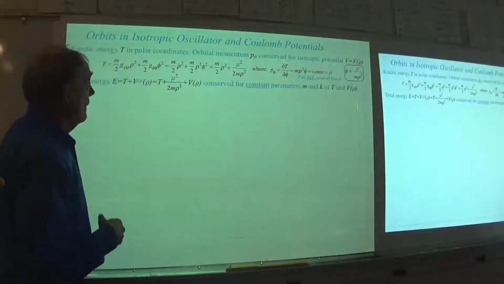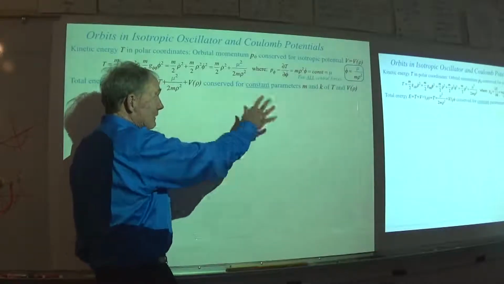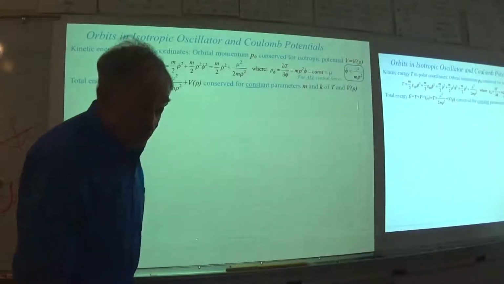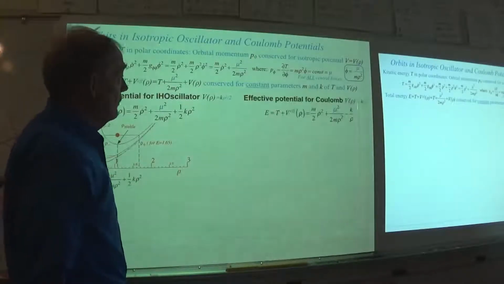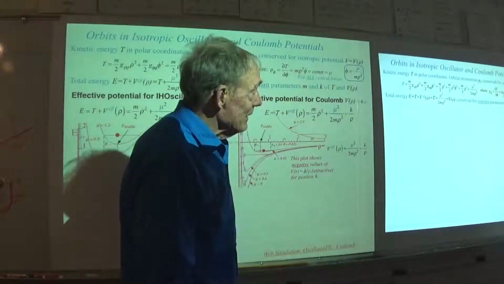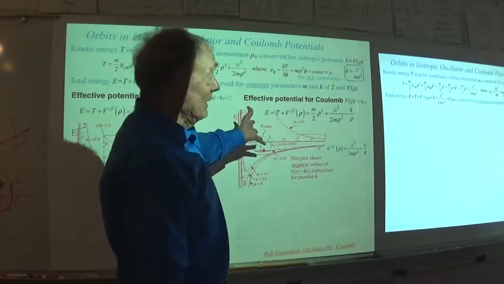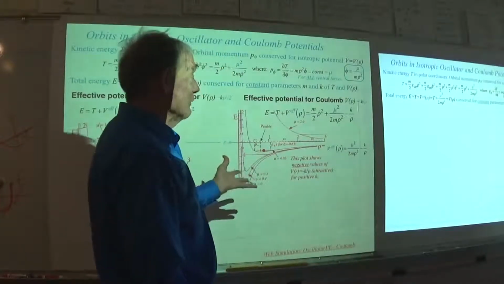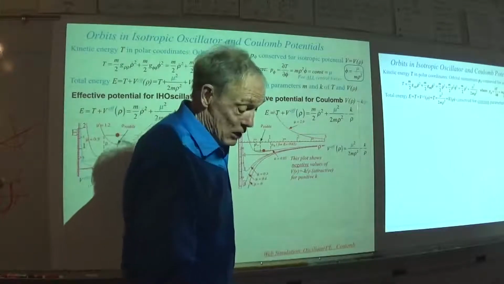So that is the situation for any isotropic potential. But we're interested in two very special isotropic cases, the Coulomb and the oscillator. The inside of the sophomore Earth, and then the outside, the rest of the universe, involves this particular thing.